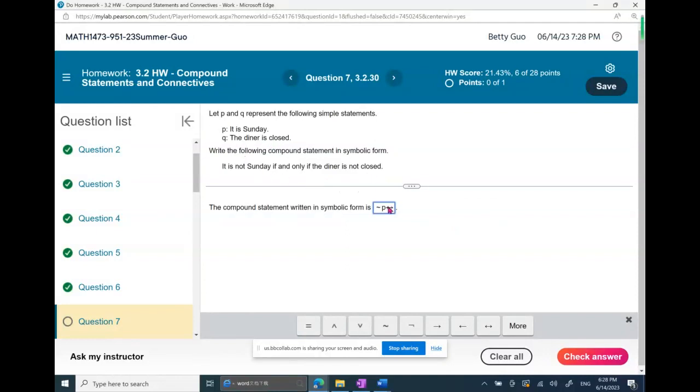The diner is closed is Q, so not closed would be not Q. Let me know if it's clear.